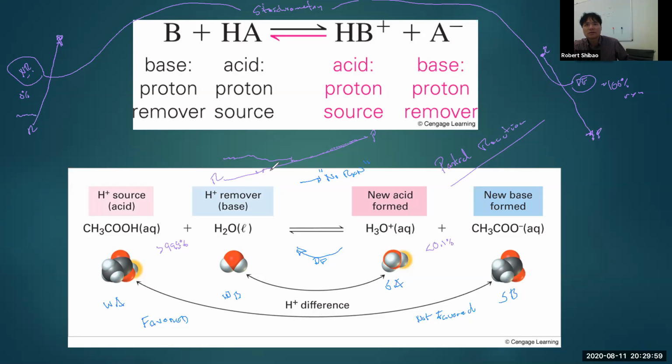But if the hill's not too steep, that is, the difference in energy between the reactant and the product is not so great, then we'll get a situation like this, where we'll form some product, but that product will revert back to reactants. And so we get this circle occurring. And eventually we reach a state where the forward reaction rate is equal to the reverse reaction rate, and we get a state of dynamic equilibrium.